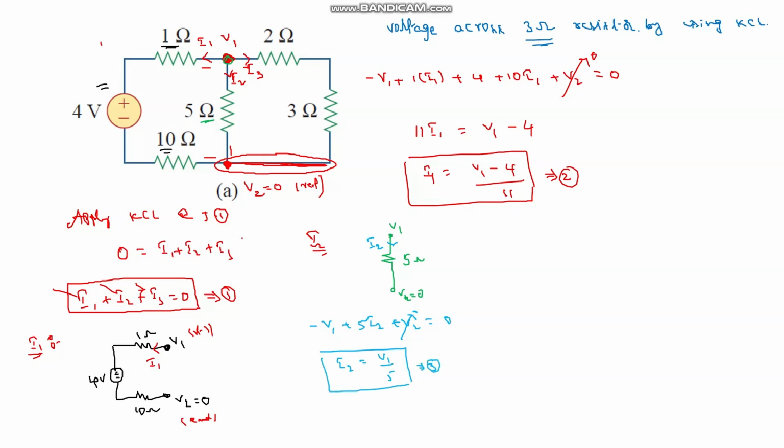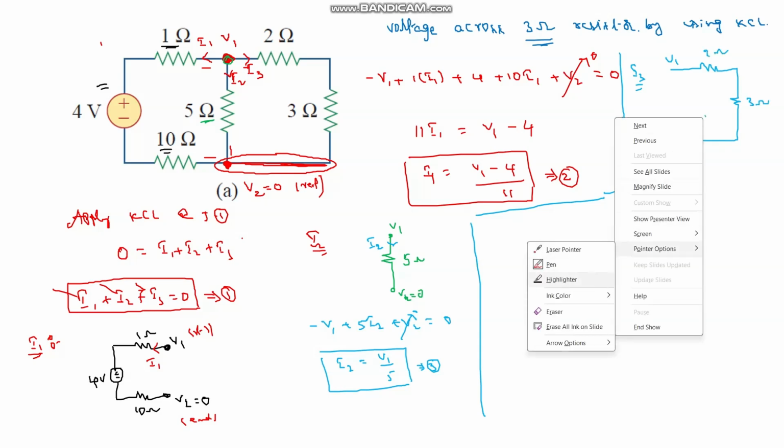Okay. Third path, I3. What is I3? It is also passing from V1 to V2 through the 2 ohm and 3 ohm resistances. Draw that path separately. 2 ohms, 3 ohms, and end at V2. So this is V1, 2 ohm resistance, 3 ohm resistance.